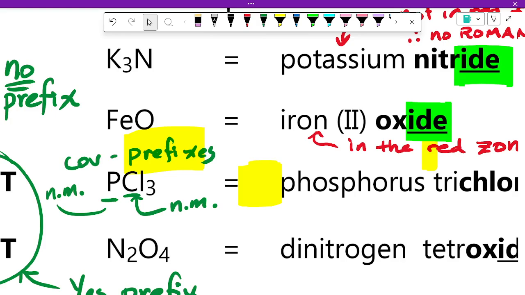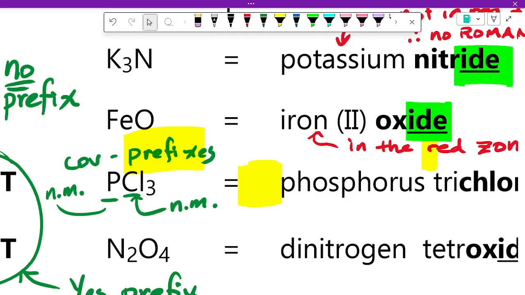Now you might say, hang on, you told me the prefix for one is mono. That's because we do use mono on the second word. This is one of the things that's irritating about covalent compounds. We don't use mono on the first word. We do use mono on the second word.